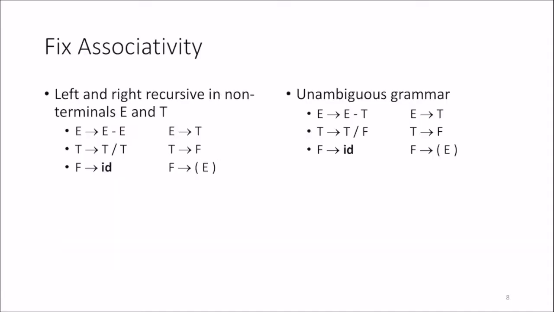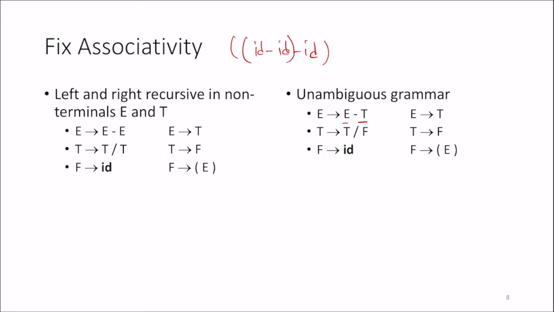If you want to fix associativity, we want to make sure that if I have ID minus ID minus ID, I bracket this one first and then do this second. The way we ensure that is by, instead of doing E minus E, doing E minus T here.